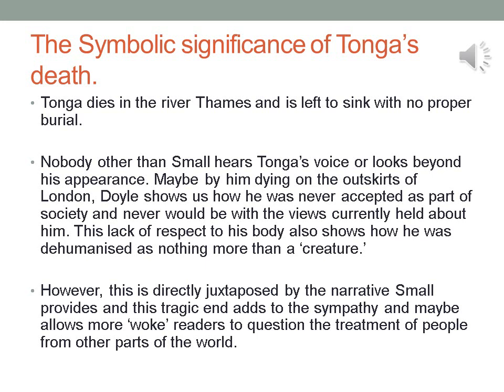Now, maybe Conan Doyle is doing this so that his more woke readers, or those who are more aware of some of the injustices in the world, are actually able to see how wrong that is.